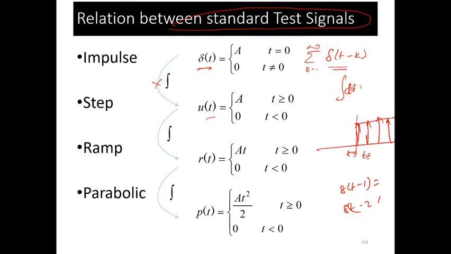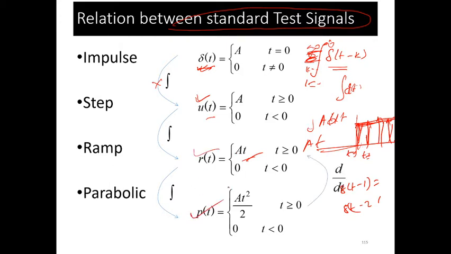So what is this representing? It is representing an infinite sum, or you can say the integral, from k equals 0 to infinity. It will provide a continuous signal, that is the step signal. So when you integrate this signal, you get a step signal, and when you integrate the step signal, because the integration of a dt is simply a t, you get the ramp, and when you integrate this one, you get the parabolic signal.